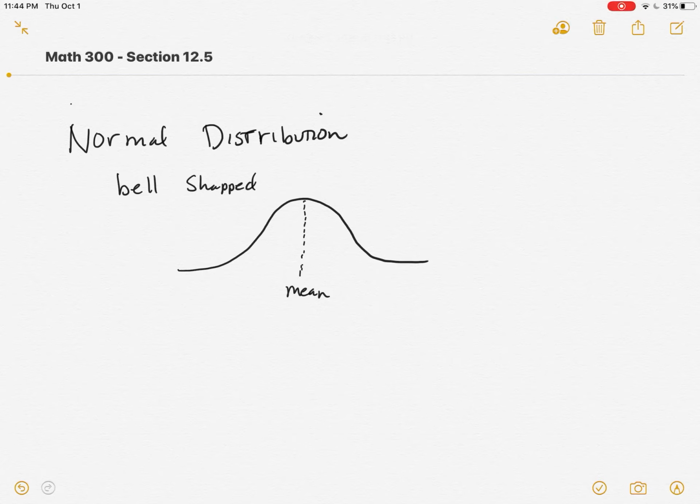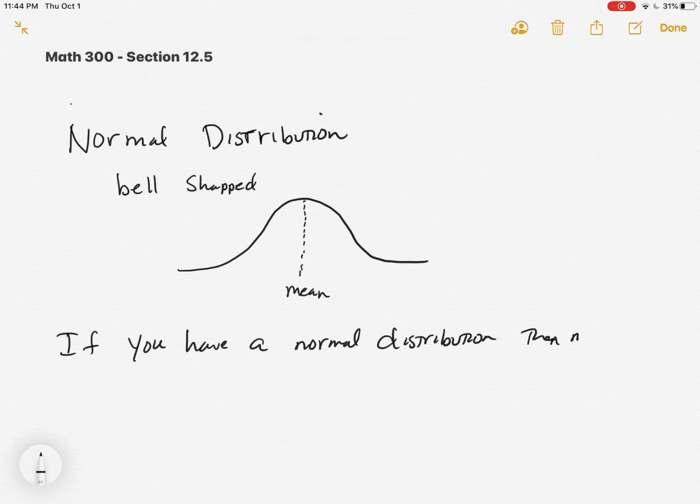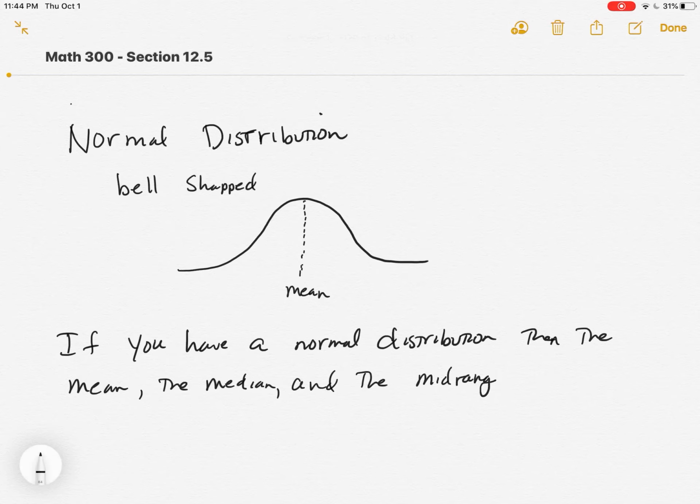And what's interesting is if you have a normal distribution, then the mean, the median, and the mid-range all are the same.